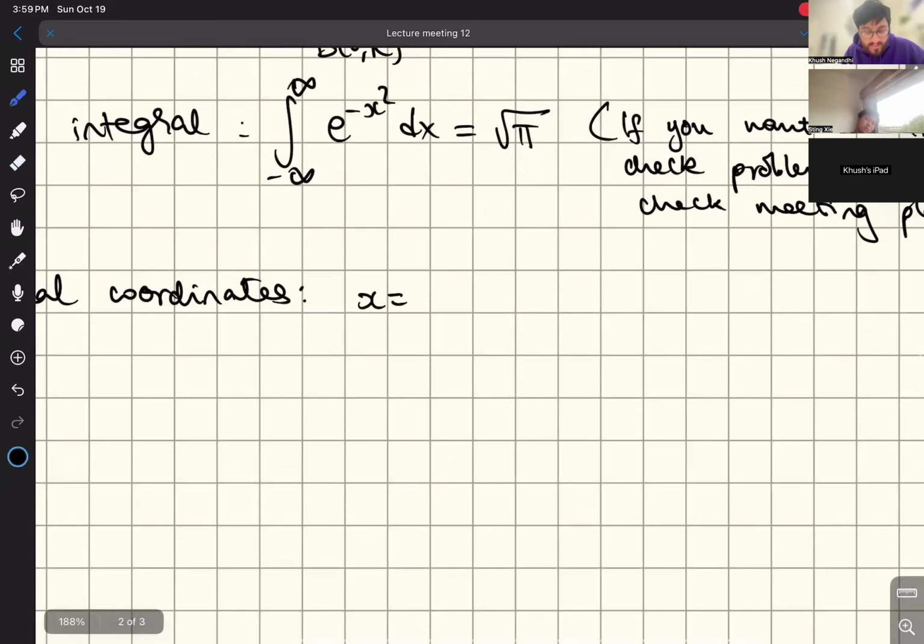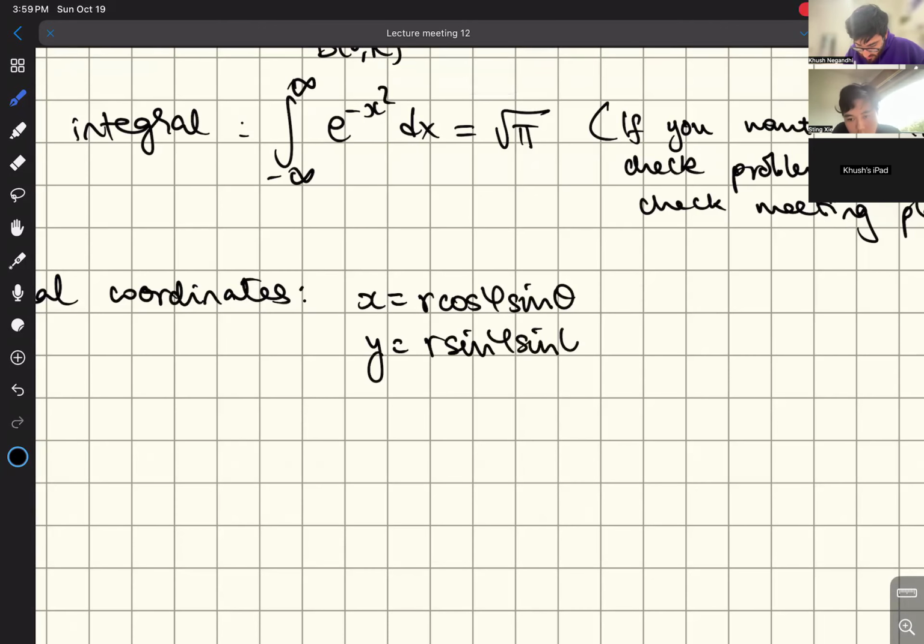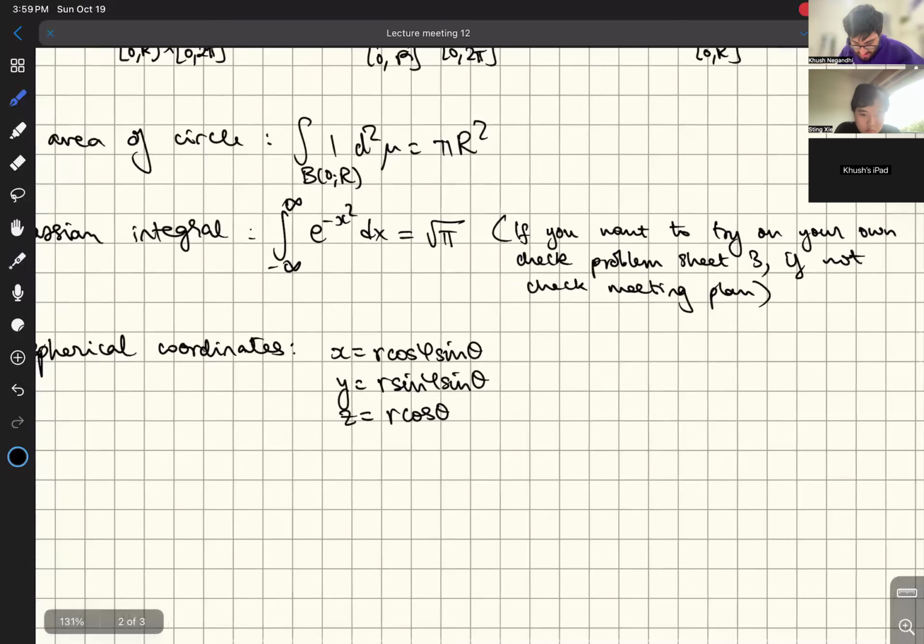In spherical coordinates, you have x equals r cosine phi sine theta, y equals r sine phi sine theta, and z equals r cosine theta. You can then check that the Jacobian determinant is given by r squared sine theta. The computation is not hard, it is just annoying.